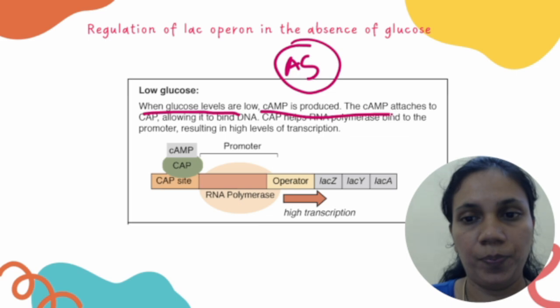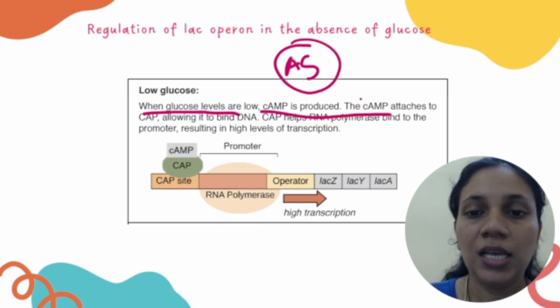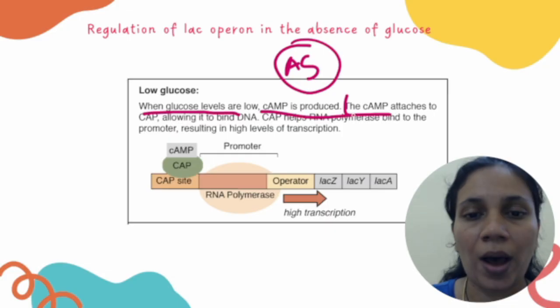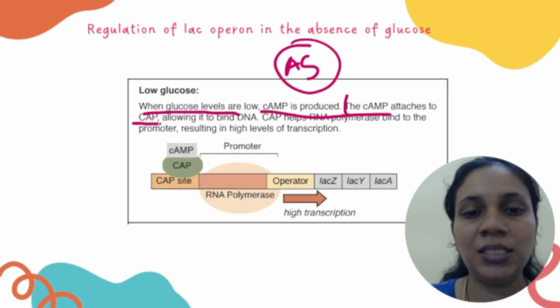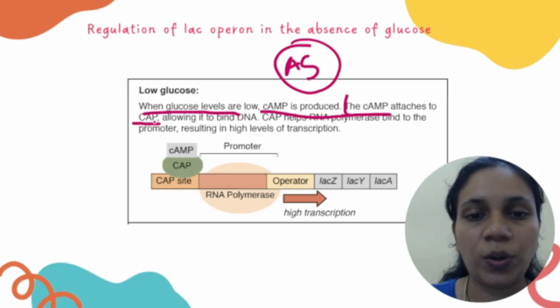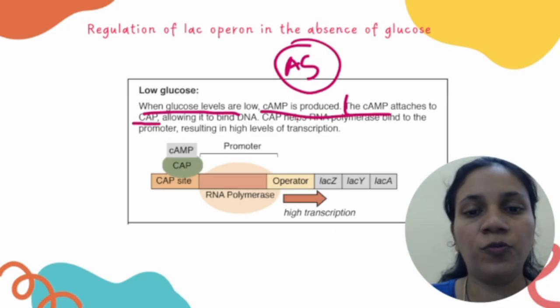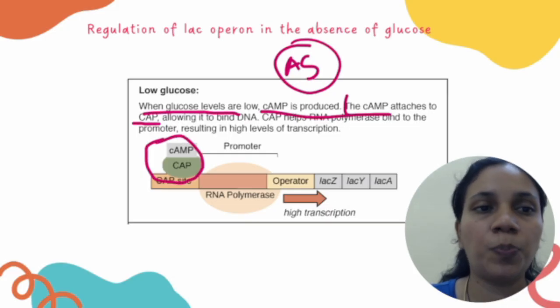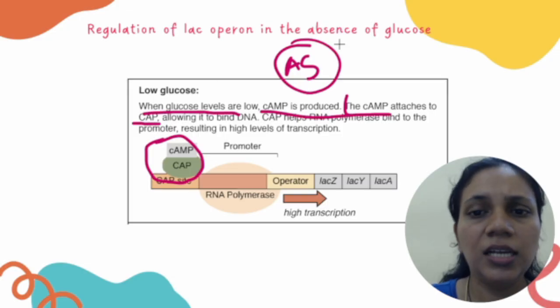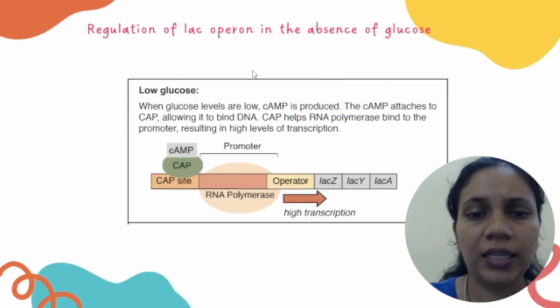And this cyclic AMP goes and binds to something called CAP, that is the catabolite activator protein. So a complex of cyclic AMP and CAP is formed, and it goes and binds to a specific site on the DNA called the CAP site.